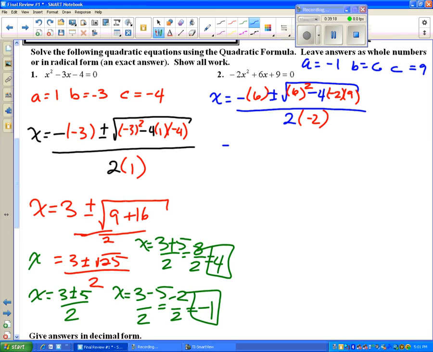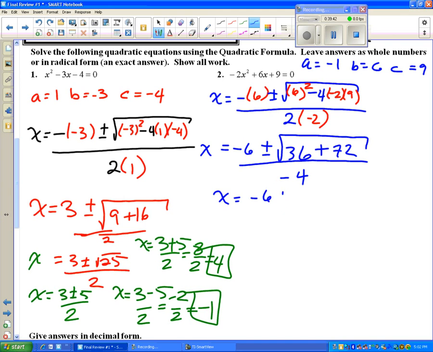Continue. X is equal to negative 6 plus or minus the square root of 6 squared is 36. Negative 4 times negative 2 is positive 8 times 9 is positive 72 over negative 4. So x is equal to negative 6 plus or minus the square root of 108 over negative 4.